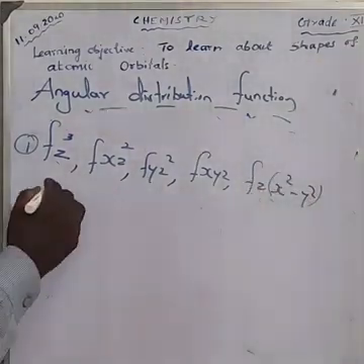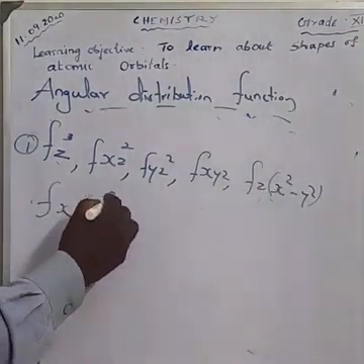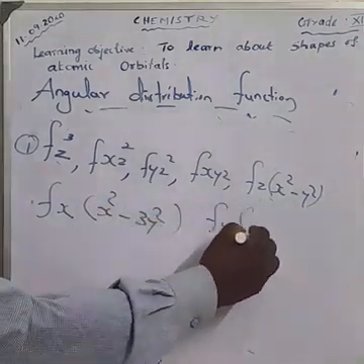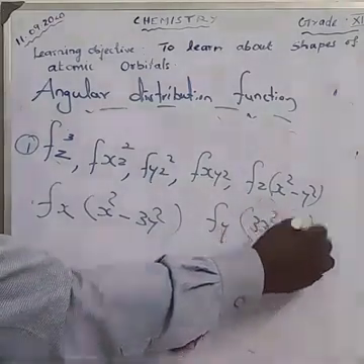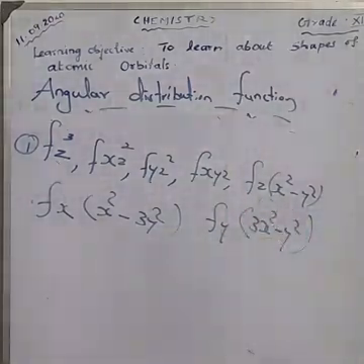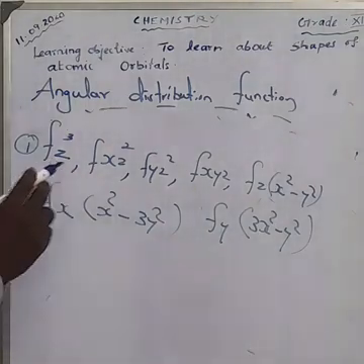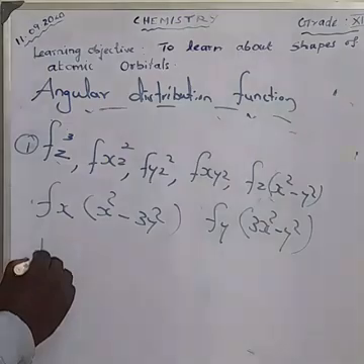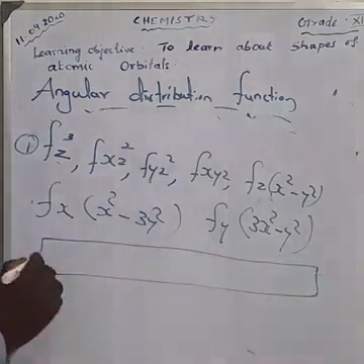Sixth one, fx(x square minus 3y square). Seventh one, fy(3x square minus y square). These are the 7 orientations: fz cube, fxz square, fyz square, fxyz, fz(x square minus y square), fx(x square minus 3y square), fy(3x square minus y square).